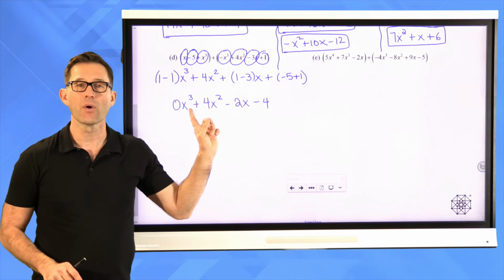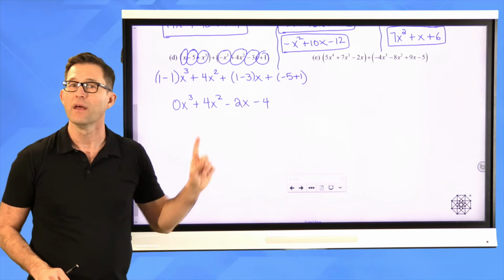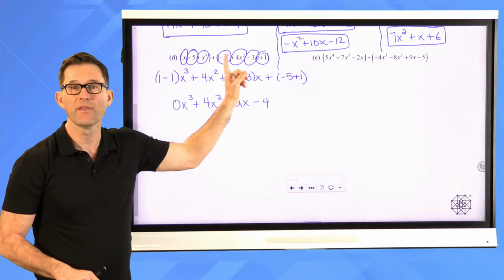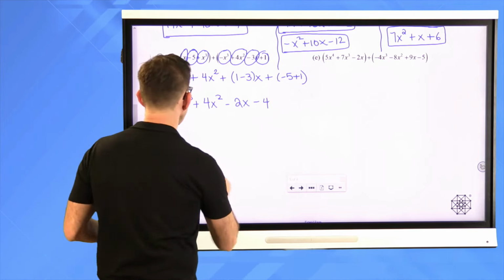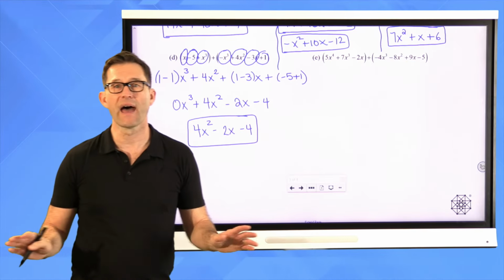If it's 0x cubed, this is no longer a cubic polynomial, right? That term is not there. The positive x cubed, the negative x cubed cancel each other out. And our final answer here in standard form should be 4x squared minus 2x minus 4. Okay, you've got to have it like that.